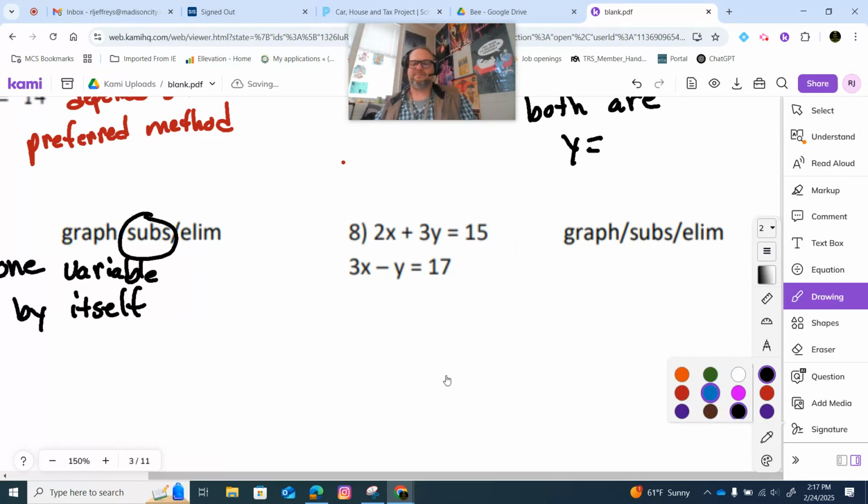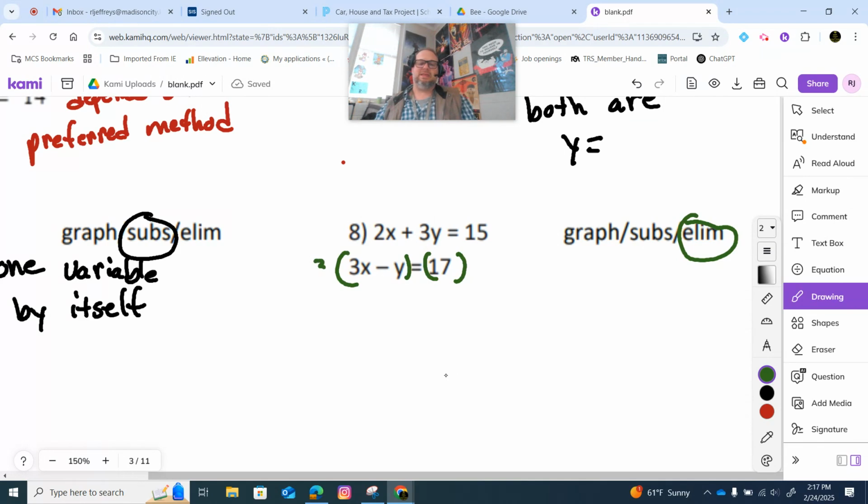I believe that this is elimination because I could multiply this by 3 to make this be a negative 3y. Okay? But again, you could probably do it by substitution, anything like that. Okay?